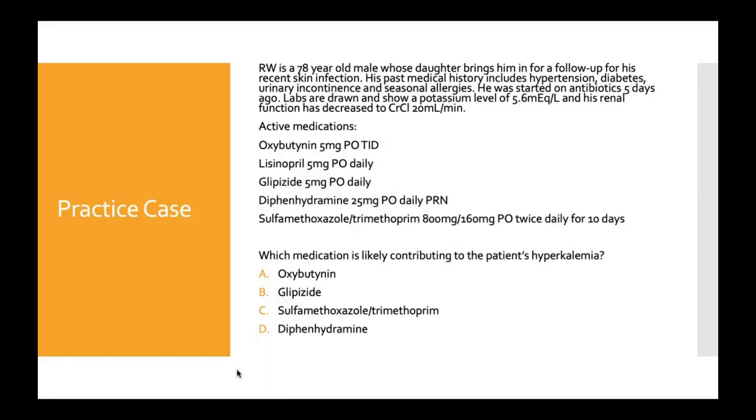So listed are his active medications. Which medication is likely contributing to this patient's hyperkalemia? Is it the oxybutynin, the glipizide, the Bactrim, or the diphenhydramine? I'll give you guys just a couple moments to think that over.